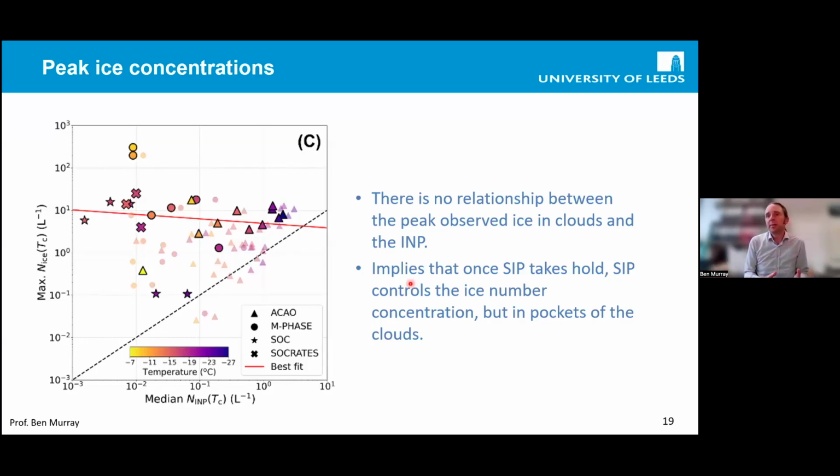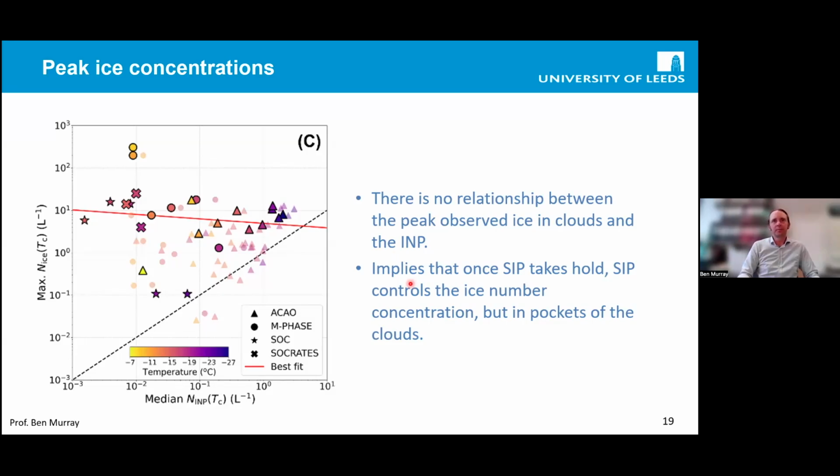Once the secondary ice production processes take hold, SIP then controls the ice number concentration. But that's only happening in pockets of the cloud. So I think both camps are right, but the situation, as most of us would have probably predicted, is more complex. But I think this is the sort of data where we can really get into this.